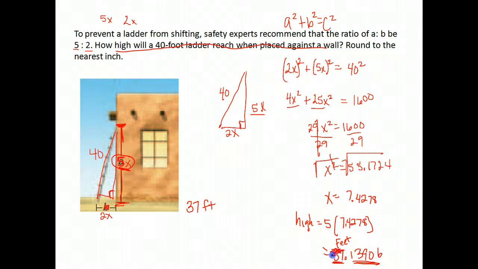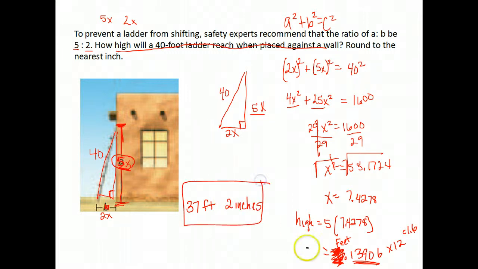The whole number was how many whole feet we had. And since there's 12 inches in a foot, we take that decimal number times 12. So again, just take the 37 off the front, multiply by 12, and I get about 1.6, which would round to 2. So if I'm rounding to the nearest inch, the height would be 37 feet 2 inches.